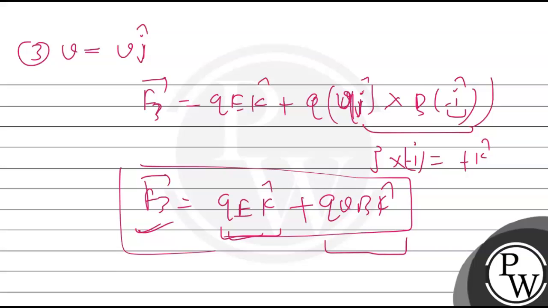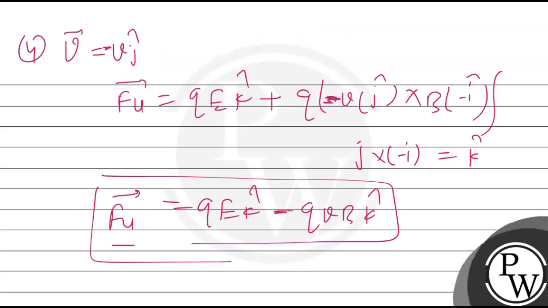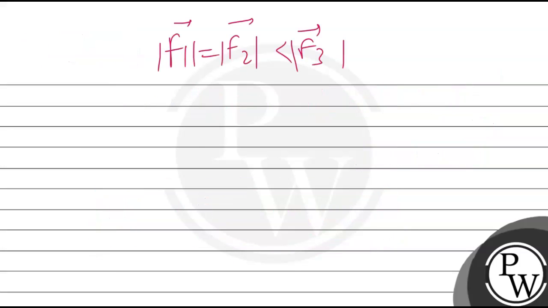That's why the magnitude of F3 will be greater than F1 and F2. Now let us see the fourth force, F4. Here qVB is subtracted from qE, which means F4 will be lesser than F1.